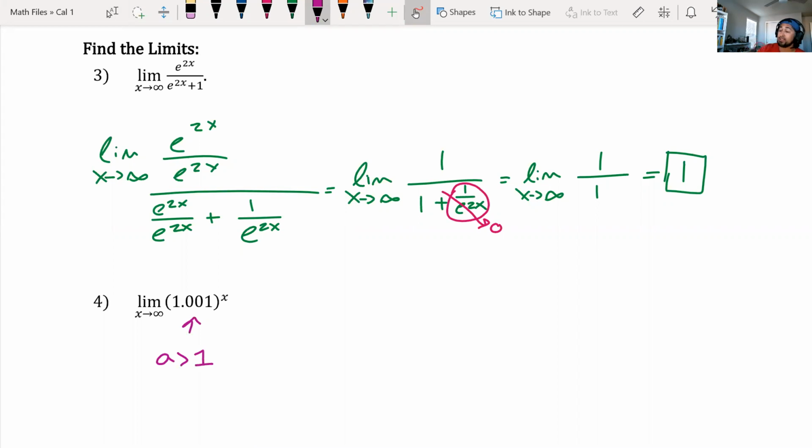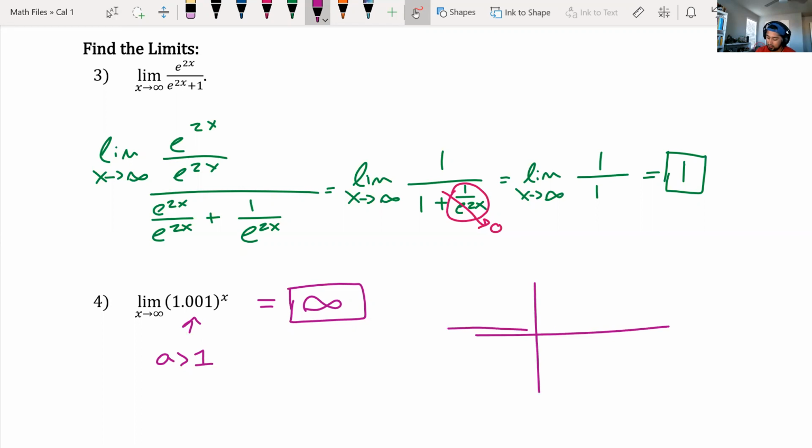So if we have the limit as x approaches infinity of 1.001 to the x, where is this limit headed? Infinity. Good stuff, right? Because for this one, your graph would look like that, and as x heads towards infinity, y would be heading towards infinity.